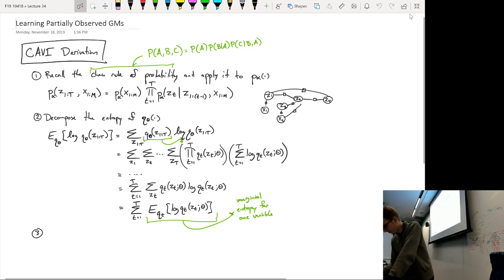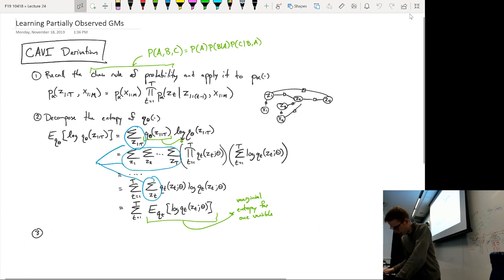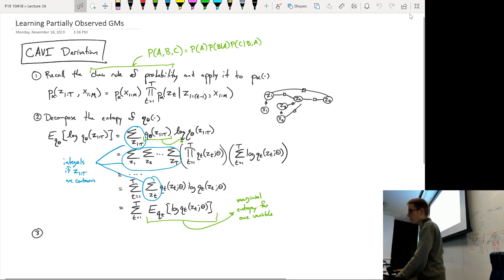So I have these summations over z, and we should note that these would actually be integrals if z are continuous. But the actual algebra works out to be the same.